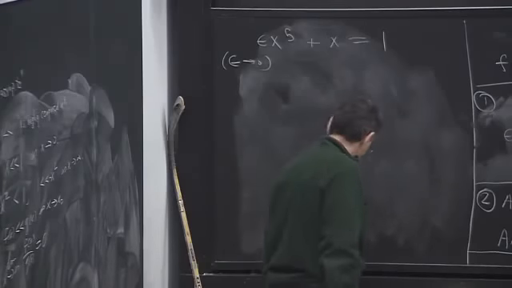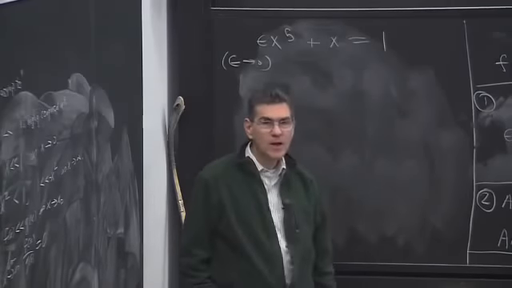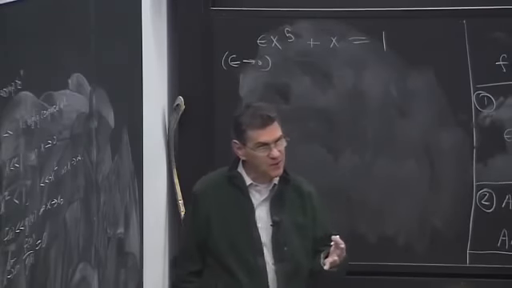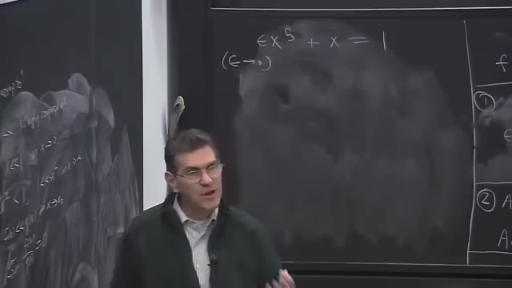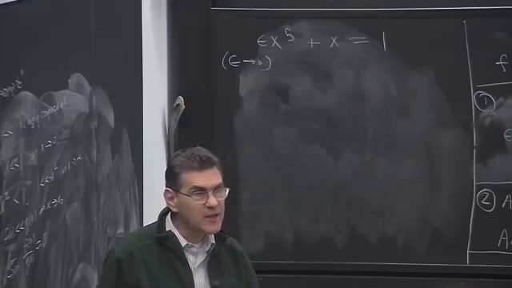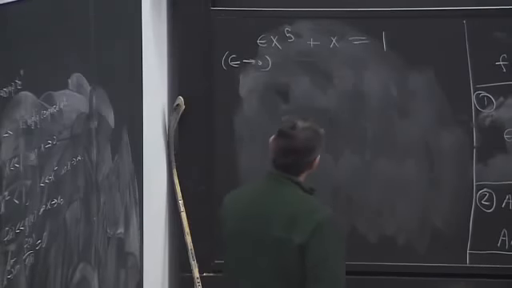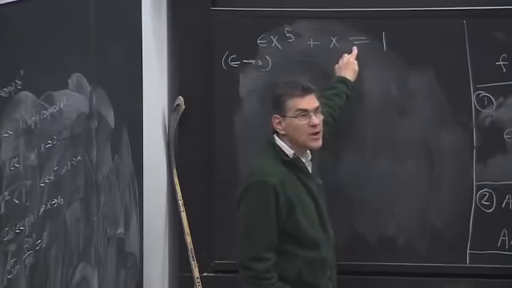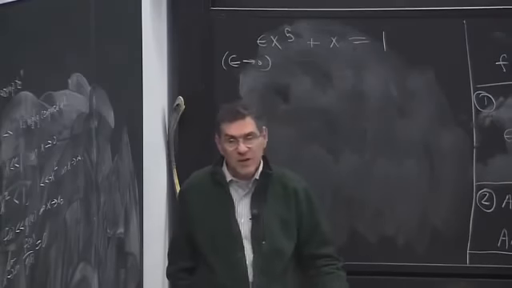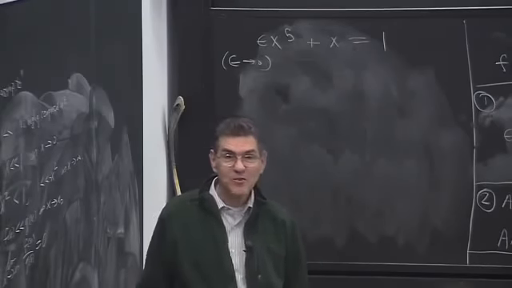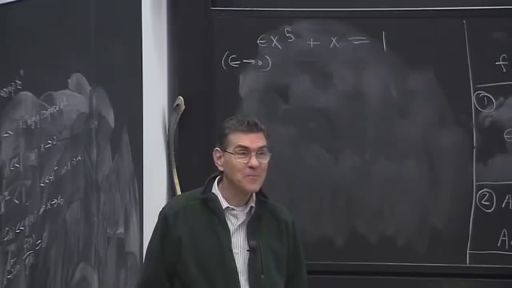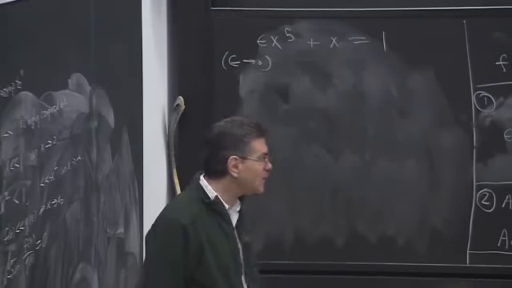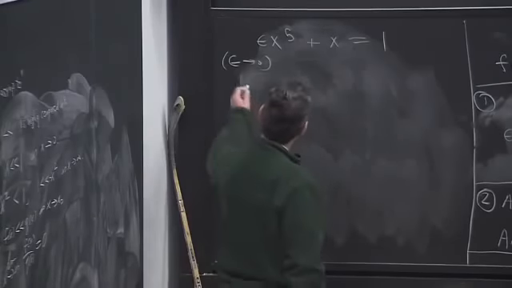Okay. Now, asymptotics is fantastic because problems that you cannot solve exactly, problems that you cannot solve when they contain an equal sign, suddenly become very easy to solve when you have an asymptotic sign. Okay? So how do you solve such a problem?